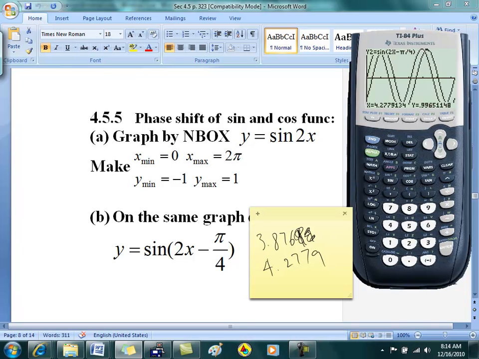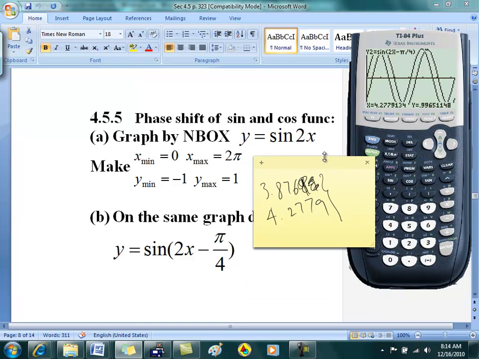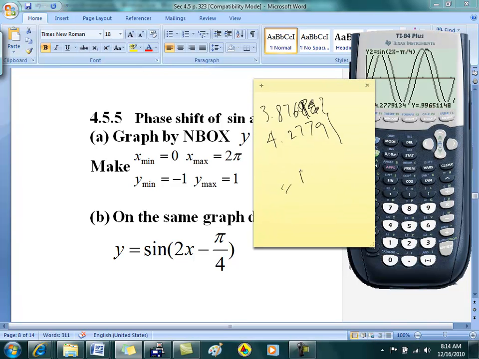Can someone do the difference on this for me? That's approximately 0.4010.